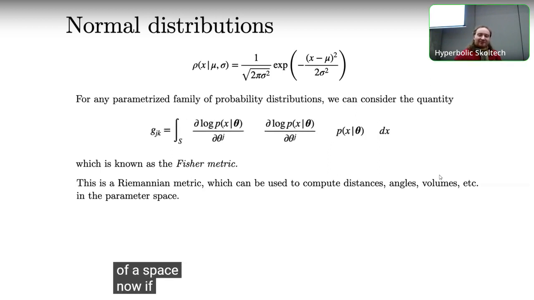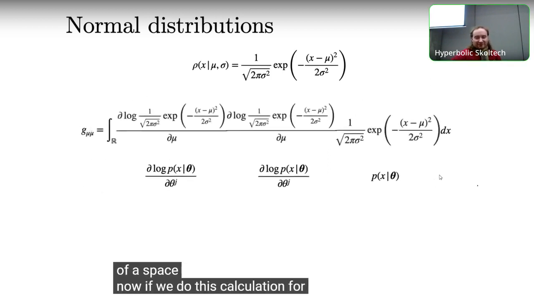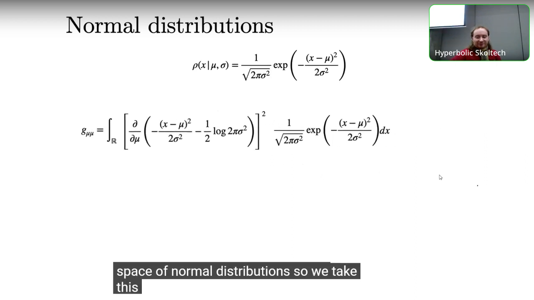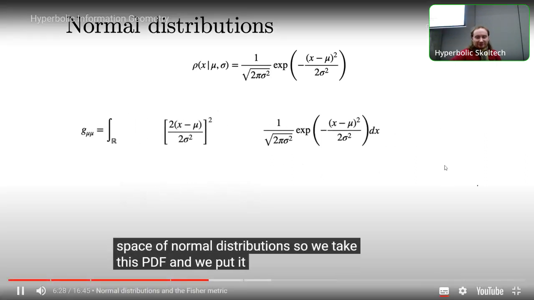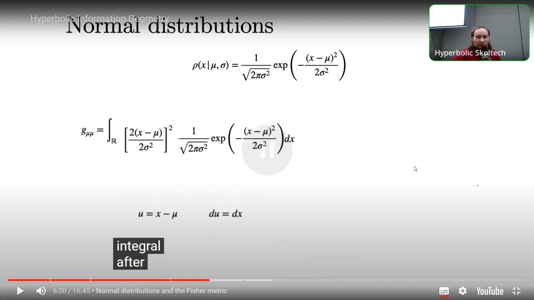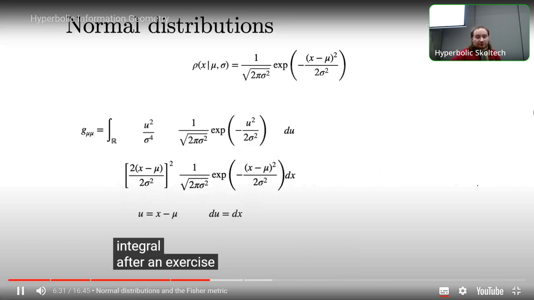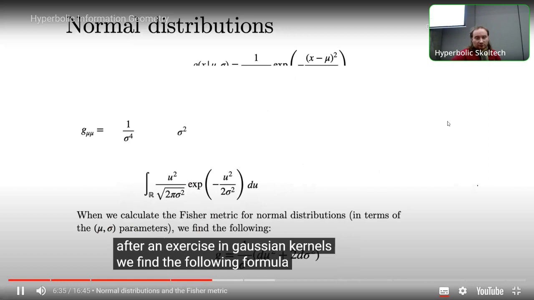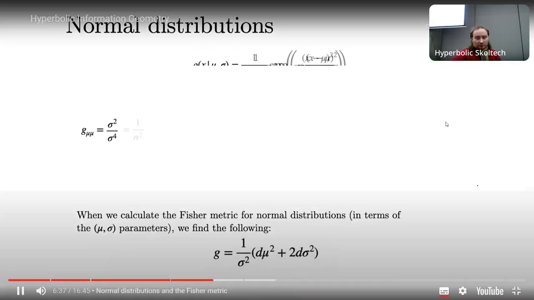Now, if we do this calculation for the space of normal distributions, so we take this PDF and put it into that integral, we are just computing these coefficients. After an exercise in calculus, we find the following formula.